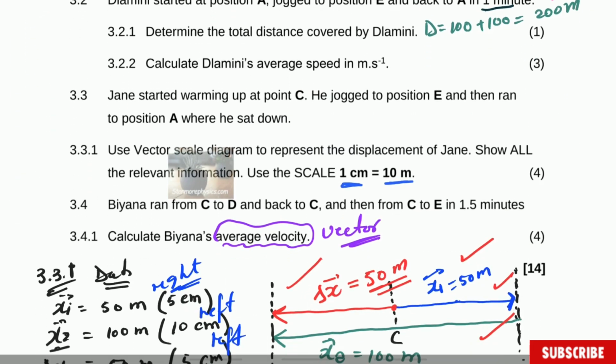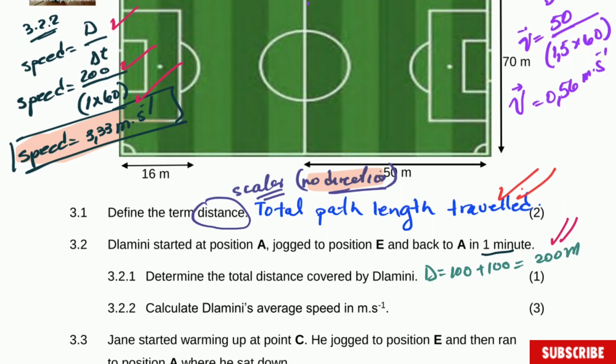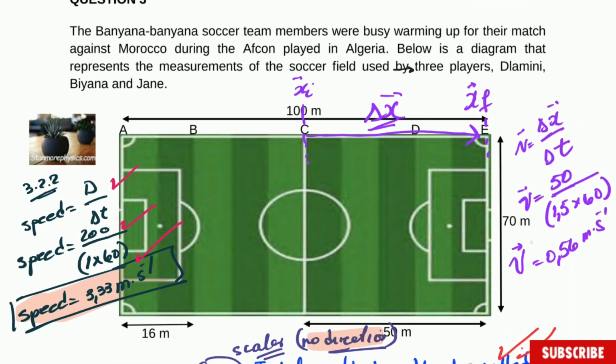The question says calculate Brian's average velocity. So for velocity, I'm going to write to the right. If you don't want to write to the right, we're going to write towards E. The direction is towards E. That is the correct answer with the direction.